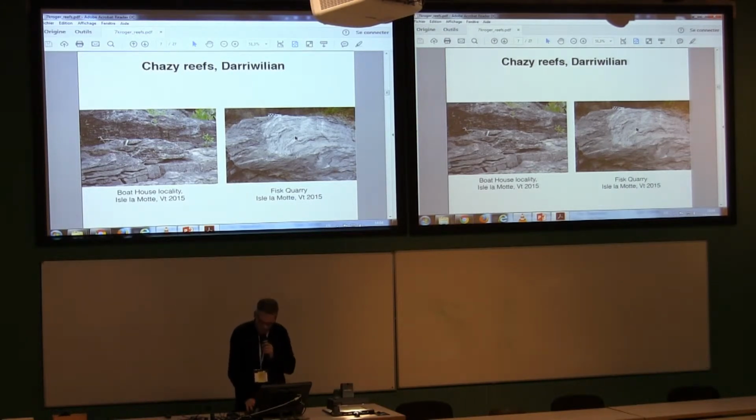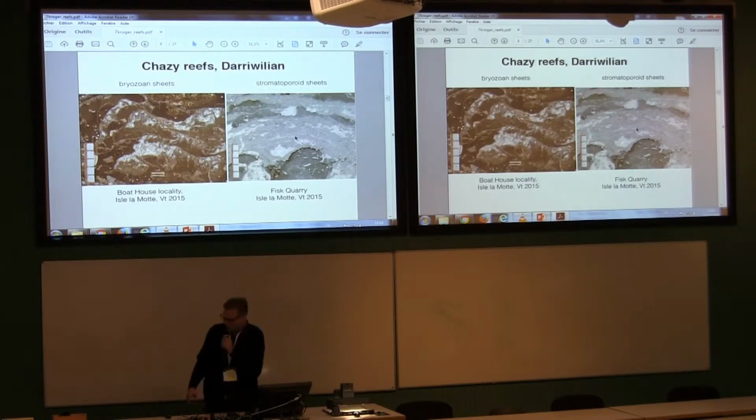And when we look at the thin sections, we see something like that. We have stromatoporoid layers, and layers of bryozoans. And these bryozoans, in this case, grew downward.